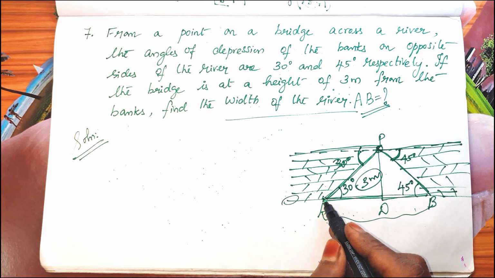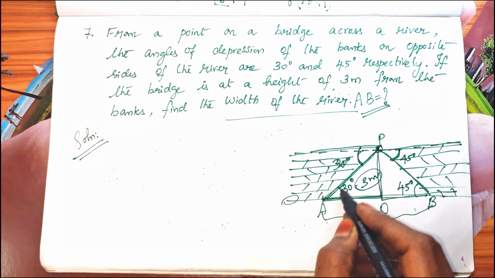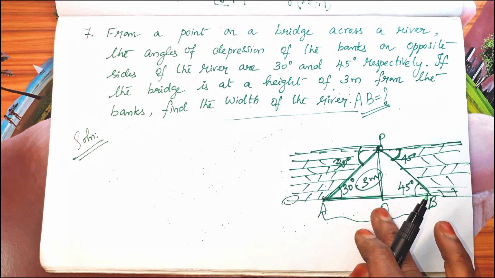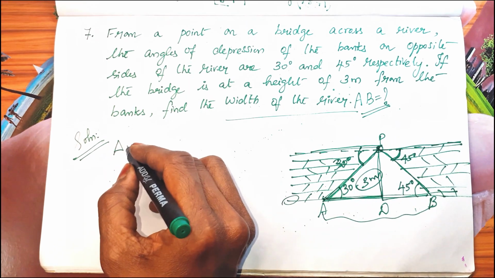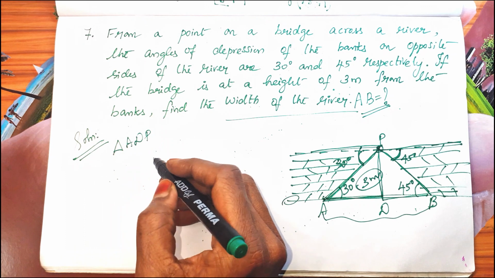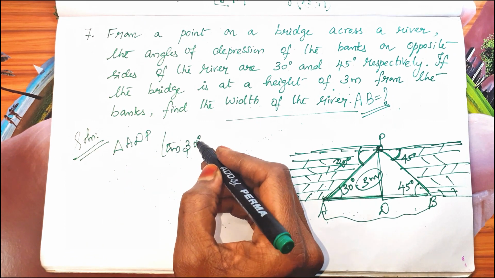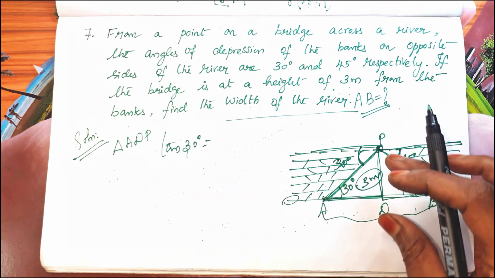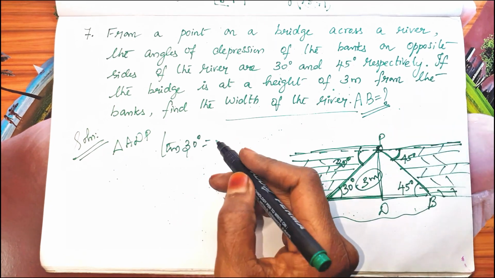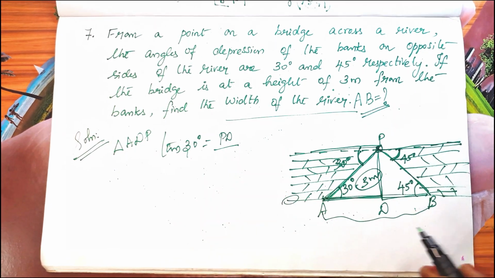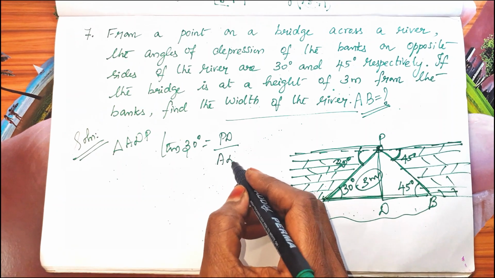Okay, so now consider the right angle triangle ADP. From that we are going to calculate tan 30 degrees. Tan 30 degrees is equal to the opposite side PD by AD.